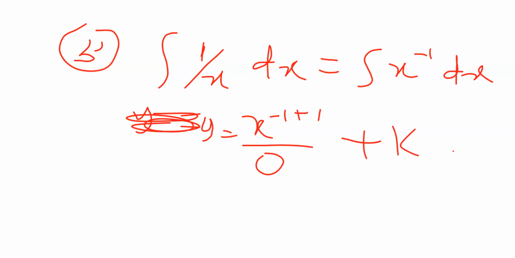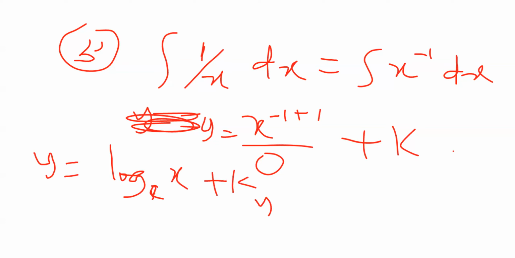No. So anytime you have this type where the denominator will be 0, the right answer to that question will be y equal to log of x in base e plus k, which is the same thing as y equal to ln x plus k.